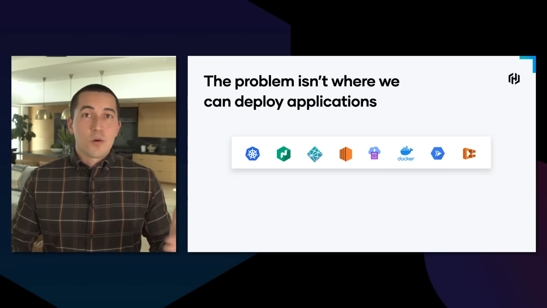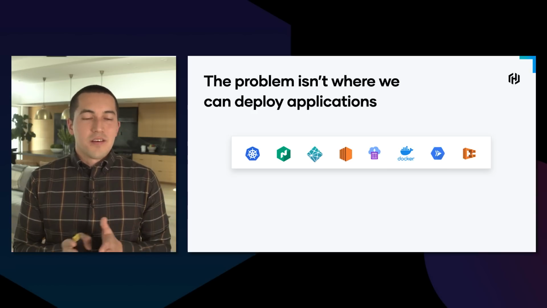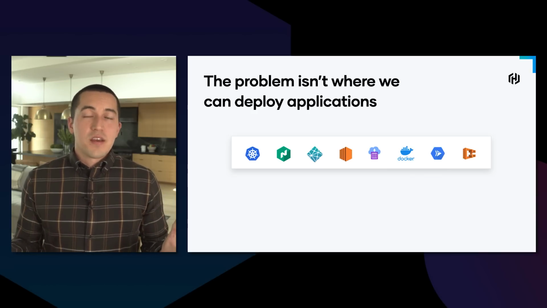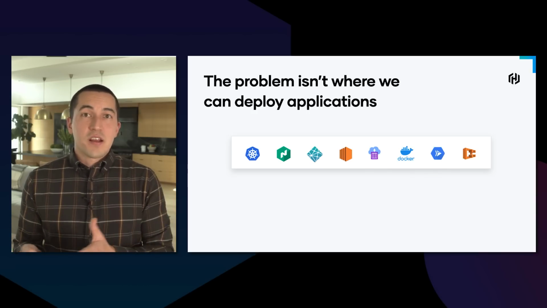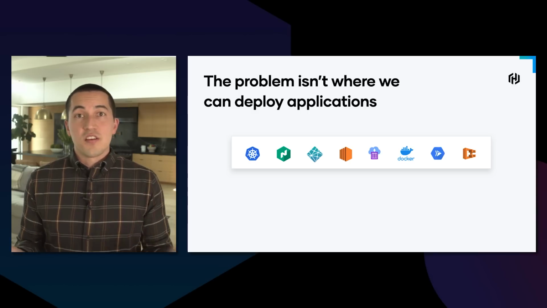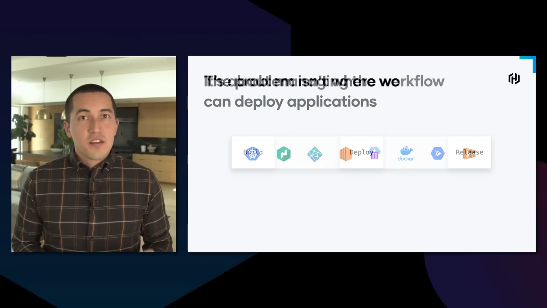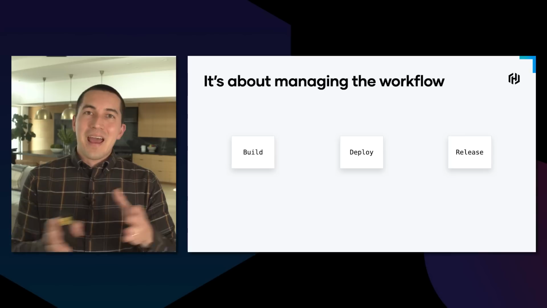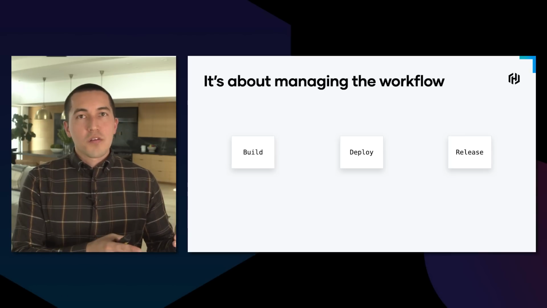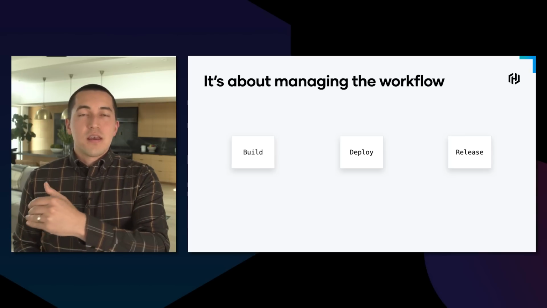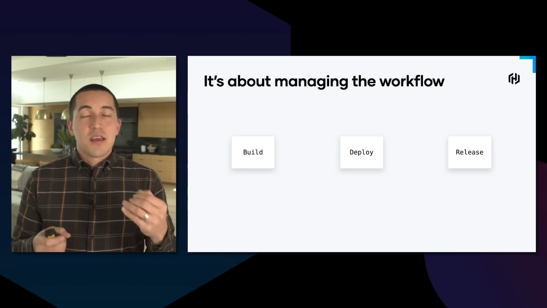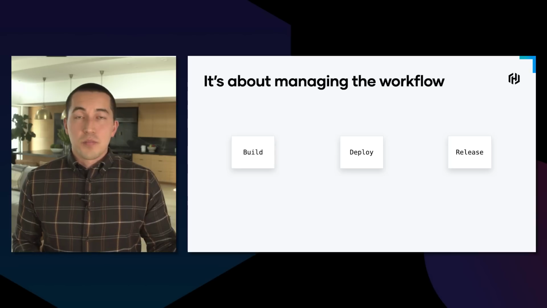In this category of where to run applications, there is a wealth of choice, and it's been very exciting over the past 10 years to see that change happen. The challenge instead is not where, but how we get there. It's the workflow of build, deploy, and release that is extremely fragmented and difficult with these different platforms.